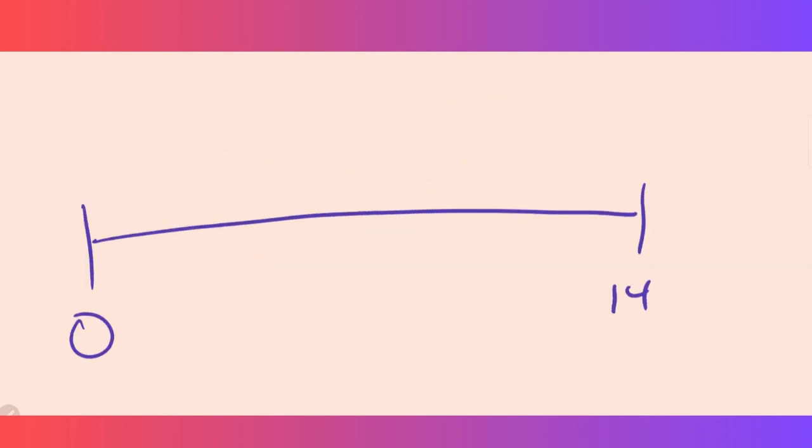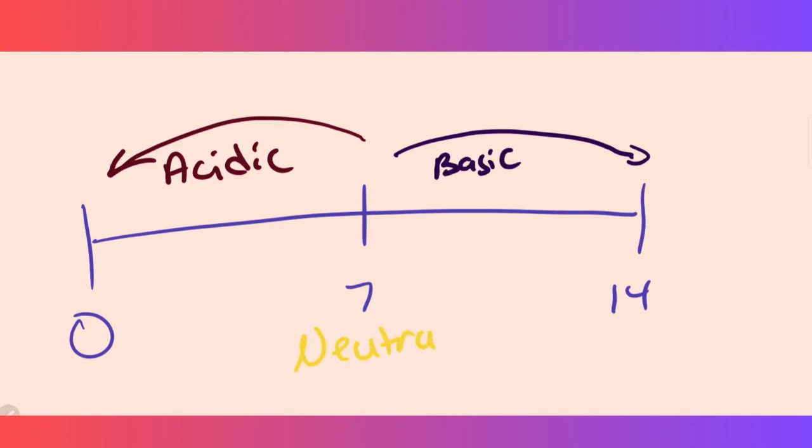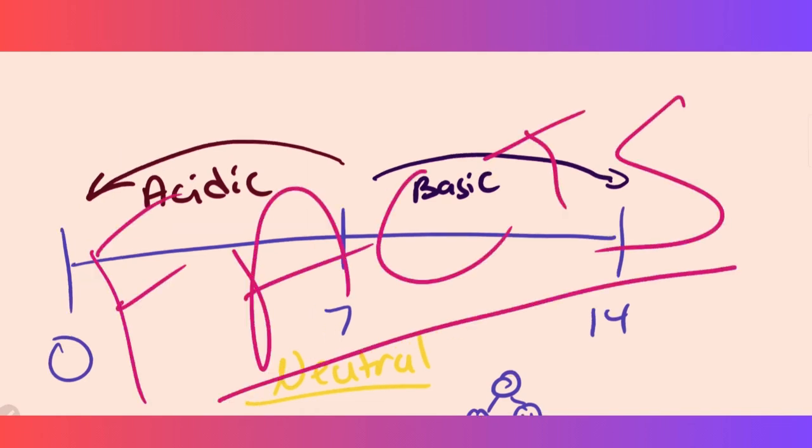So if you were to take a look at a pH scale, we have from 0 to 14, and anything under 7 is considered acidic, and anything above is considered basic, while neutral is over here nestled in the middle, just like our little water molecule. And bam, that's just more facts for you.